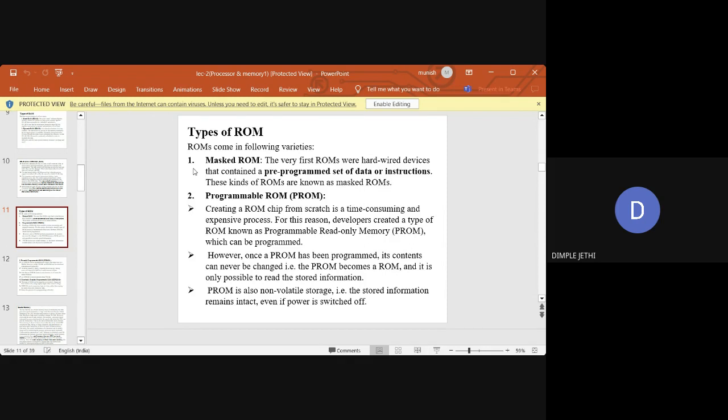As I said, we have some data or instructions in ROM which are required by the computer at the time of booting the machine. Since these cannot be changed or altered, what we do is build them into the circuit.